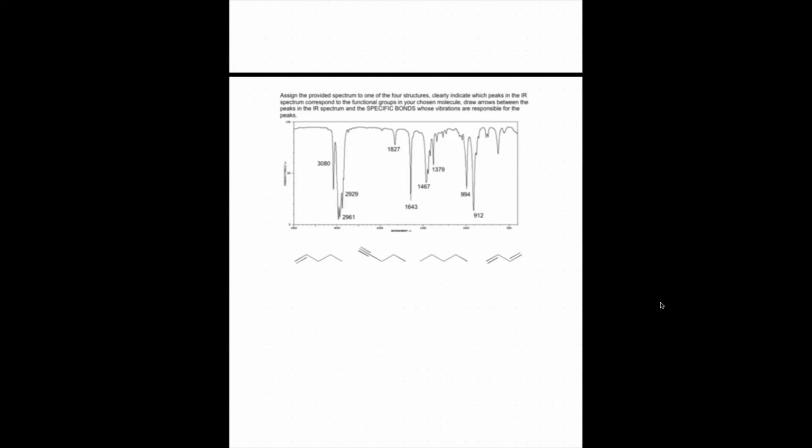I want to make sure. Oh, there we go. Stronger bonds exhibit sharper peaks compared to weaker bonds. So yeah, sp carbon, sp hydrogen bonds.